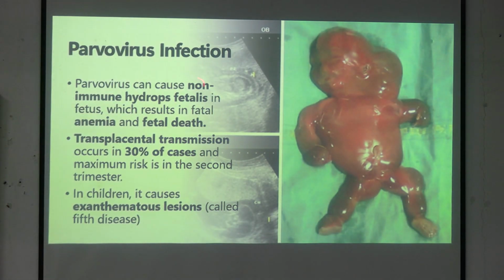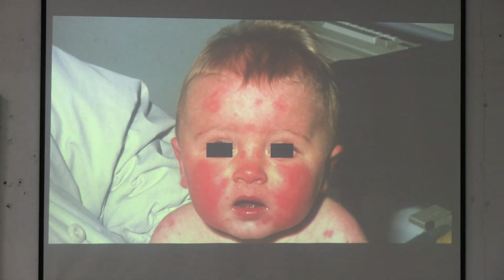But if it is developing by a transplacental transmission, that is in utero transmission or congenital parvovirus, then there is a probability that it will cause hydrops fetalis, and this will be a non-immune hydrops fetalis. Okay, so there will be hydrops fetalis, which will result in anemia and fetal death. So that is very important for parvovirus. Jodi in children hoy tale to bollam it causes 5th disease or slapped cheek syndrome. This you have already read before.